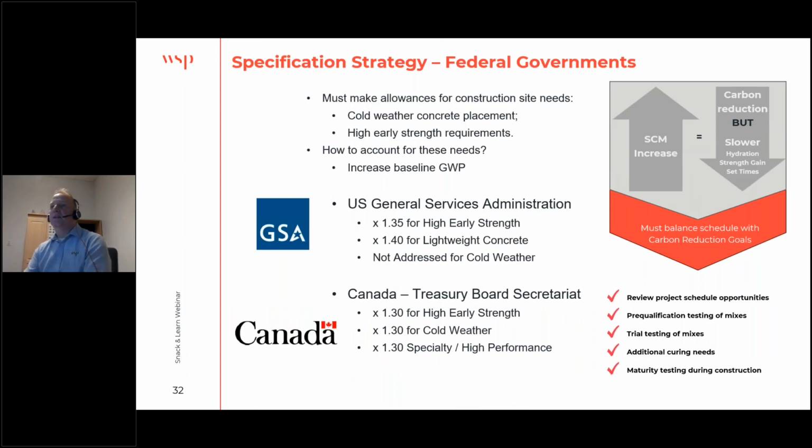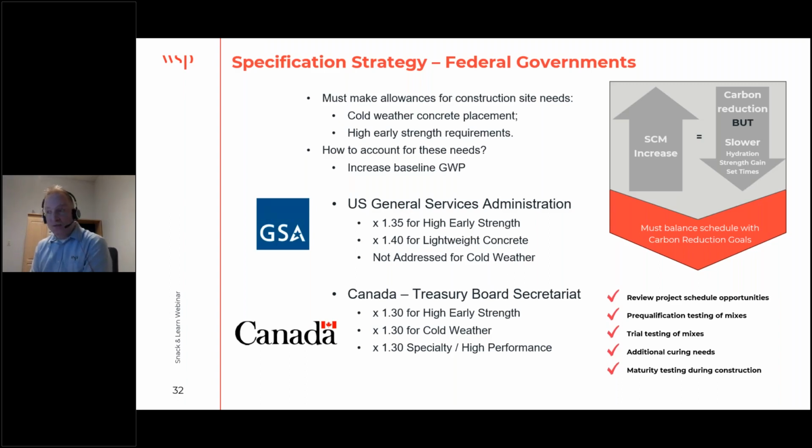It is also recognized that sometimes the use of high volume supplementary cementing materials does have some trade-offs. Usually there's a carbon reduction, but there's slower hydration, strength gain, and set times. So it does need to be a holistic approach with the concrete suppliers and the contractors: review the schedule, pre-qualify the mix.